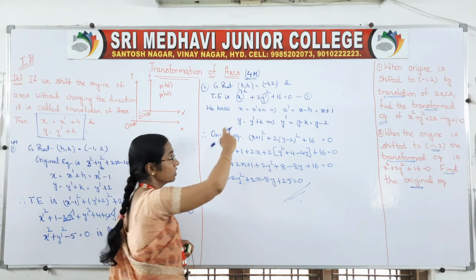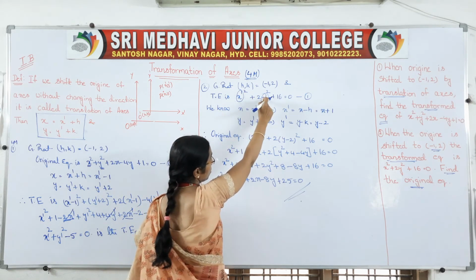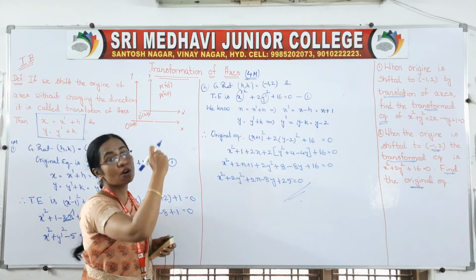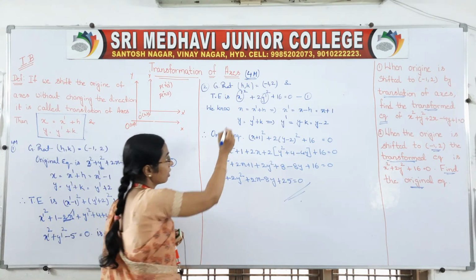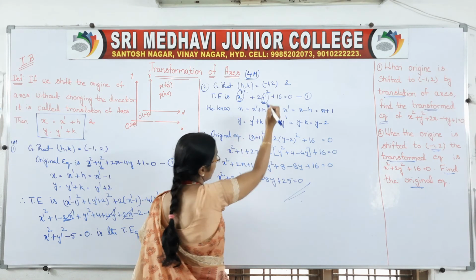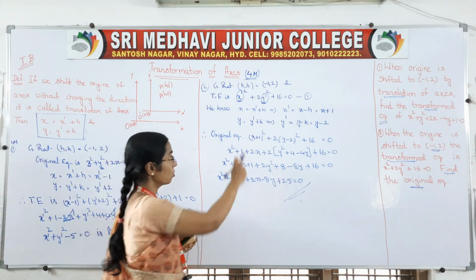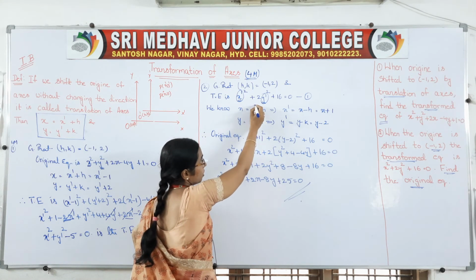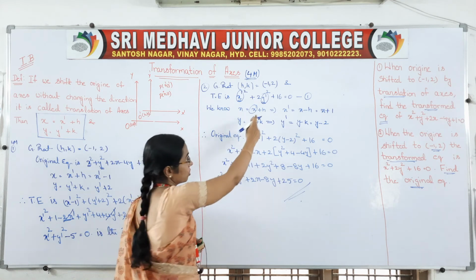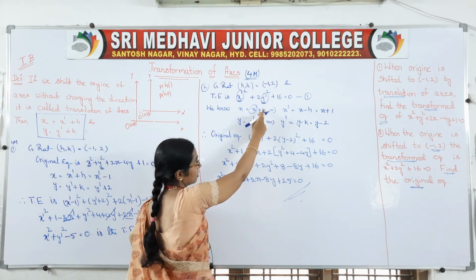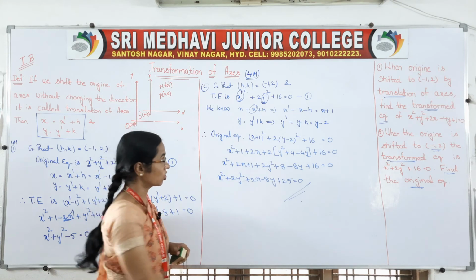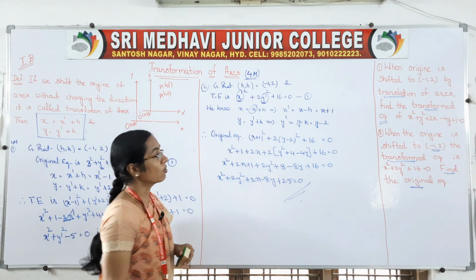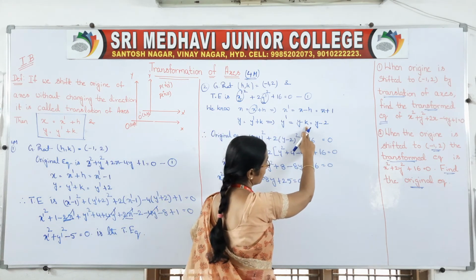Okay. So your transformed equation is given to you. Find the original equation. So we need the x dash value and y dash value. Transformed equation will be in terms of x dash, y dash. How will we get our x dash value and y dash value? Already we know that after the transformation x becomes x dash plus h. We want this value, so send h this side: x dash is equal to x minus h. Similarly, we want the y dash value, so send k this side: y dash is equal to y minus k.